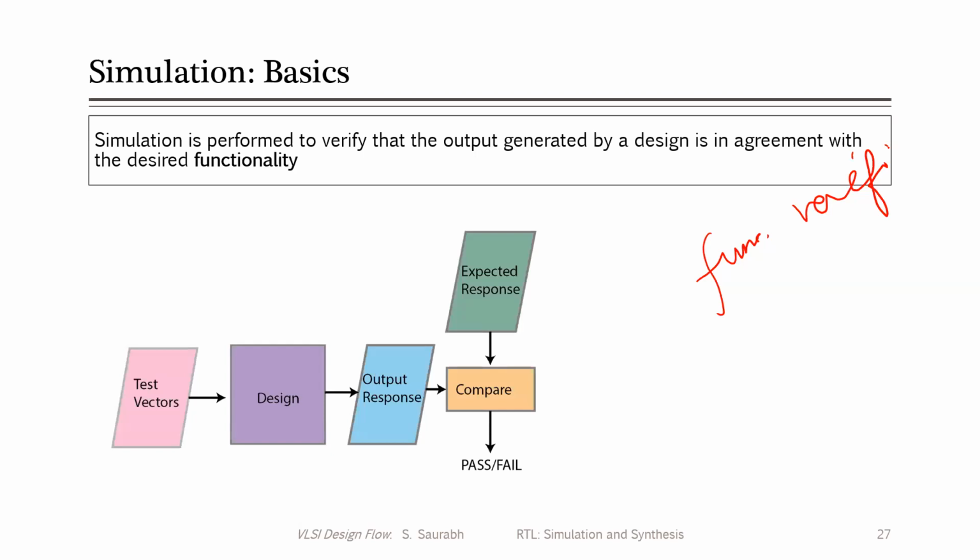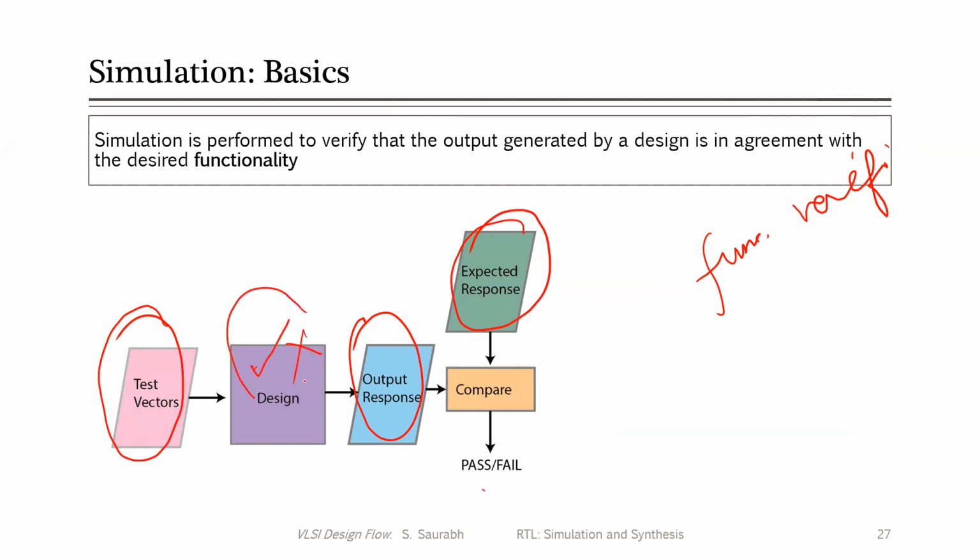How do we do this simulation? You need to provide some test vectors as an input to your design. You provide test vectors to the design and run the Verilog simulator, and the simulator will give you an output response. Then you compare the output response to the expected response and see whether it is matching or not, and depending on that, you decide whether your design is correct or wrong.